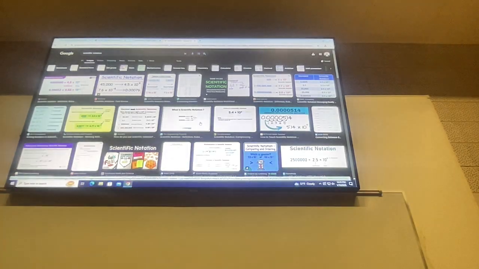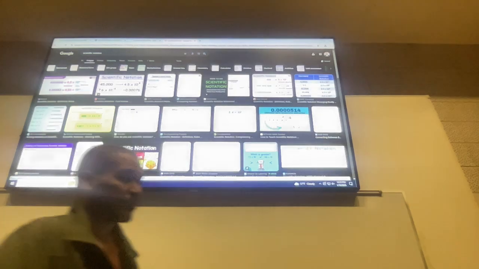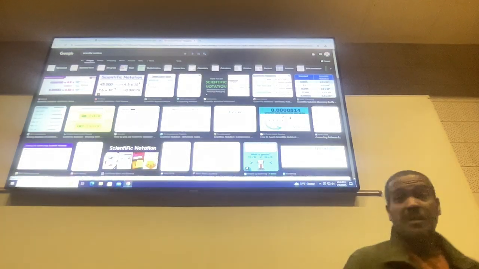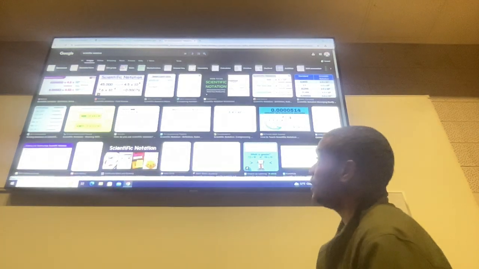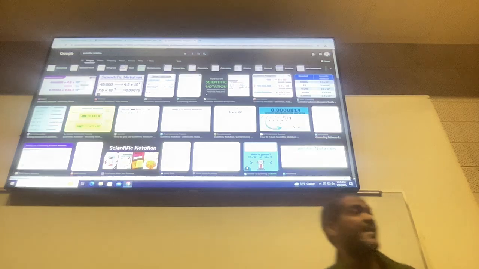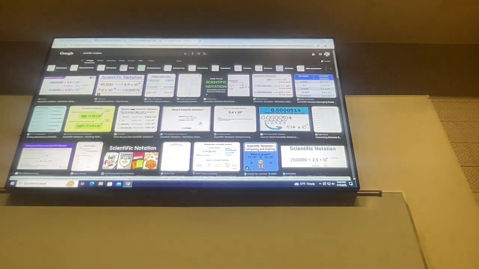But in mathematics, what that means is the numbers here, in this case with 45,000, 4.5, these are the numbers that will have the most impact on whatever it is you're calculating, right? Because that's what we're going to be doing, calculations.